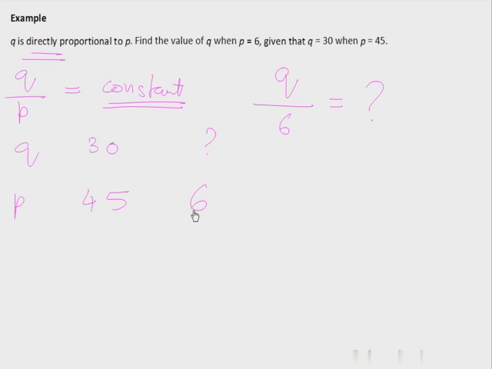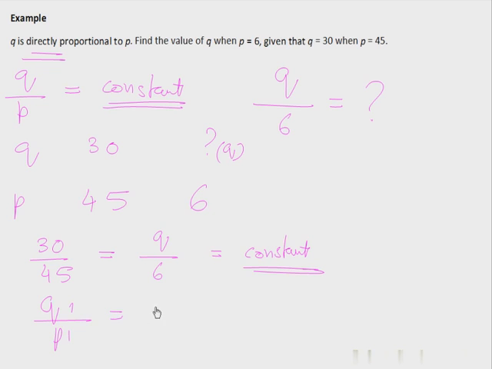Well, what do I know? I know that the ratio is constant. So I know that 30 over 45 must equal q over 6, where q is the unknown. Because their ratios must stay constant, equal to a constant. Which is the same as saying, like we learnt in school, q1 over p1 is equal to q2 over p2.